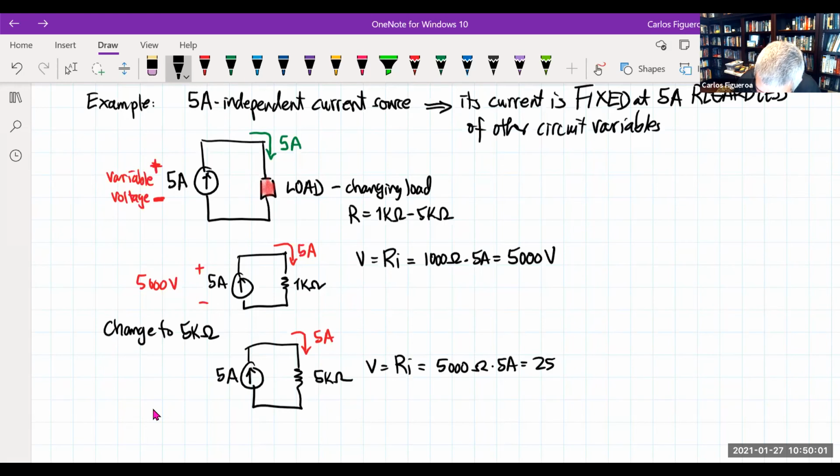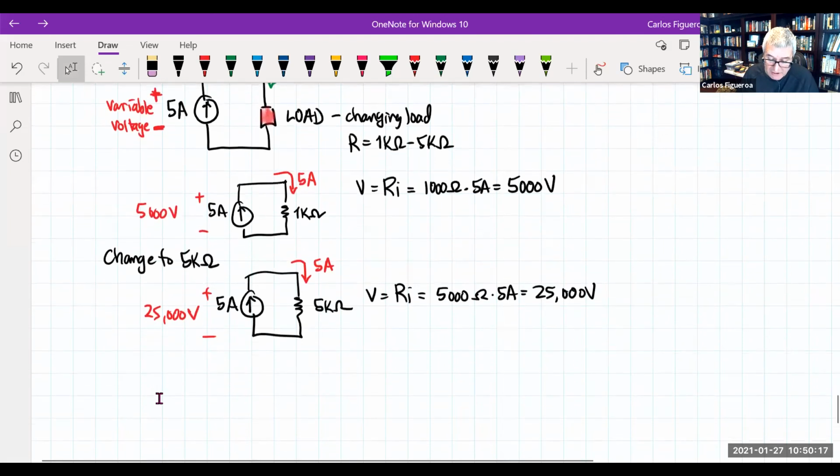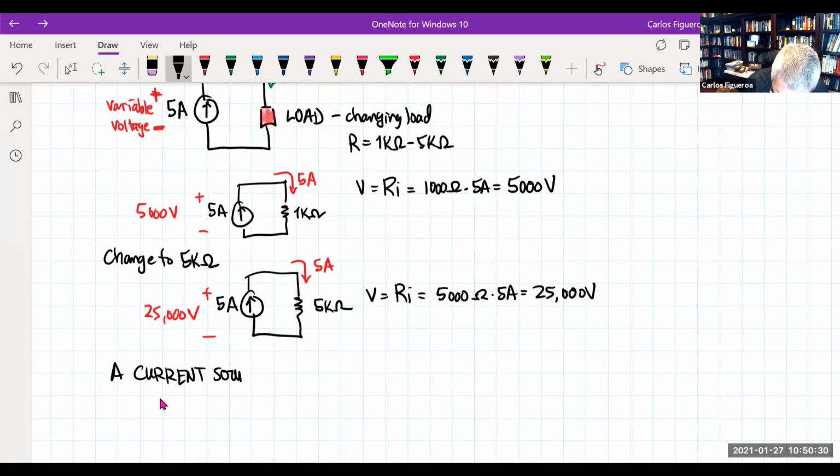So this voltage now goes to 25,000 volts. So that means that current source is changing its voltage across that. So in summary, here's what we could say: a current source is a variable voltage source.